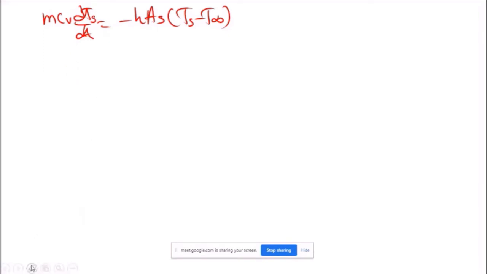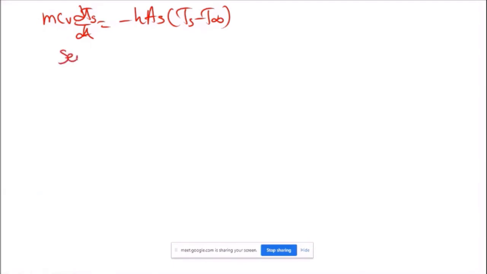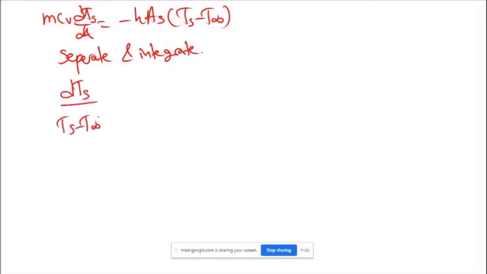Our methodology is that you can separate this differential equation and then integrate. So dTs/(Ts minus T infinity) will be equal to, separating, negative h As/(m Cv) times dt.